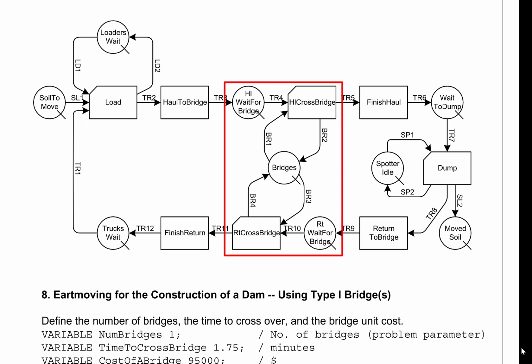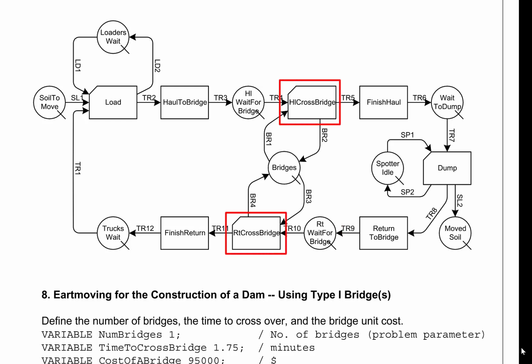The new nodes are haul wait for bridge, haul cross bridge, the queue bridges, the queue return wait for bridge, and the combi return cross bridge. The two combi activities, haul cross bridge and return cross bridge, represent the time it takes for a truck to traverse the one-way bridge. Notice that only one truck can be on the bridge at any given point in time.